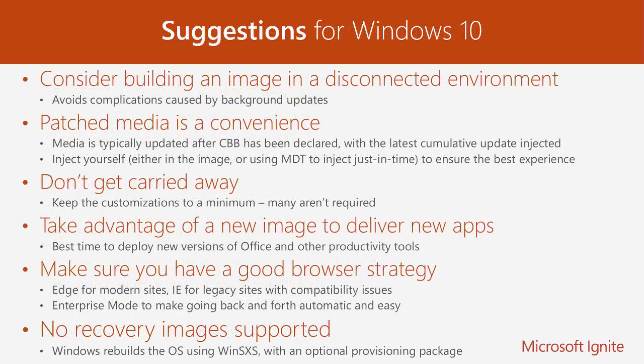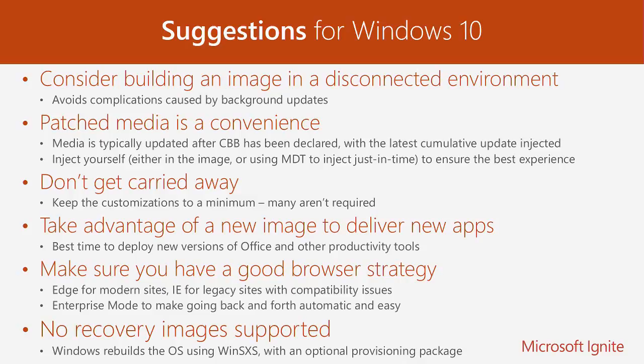From a general suggestions perspective, your life is simpler if you build an image in a disconnected environment. Now that means pointing to WU and getting all your updates from Windows Update is a non-option because you're blocking access to that.